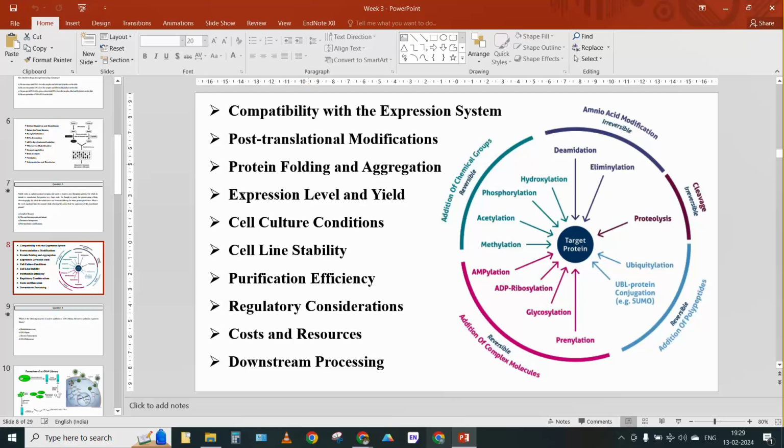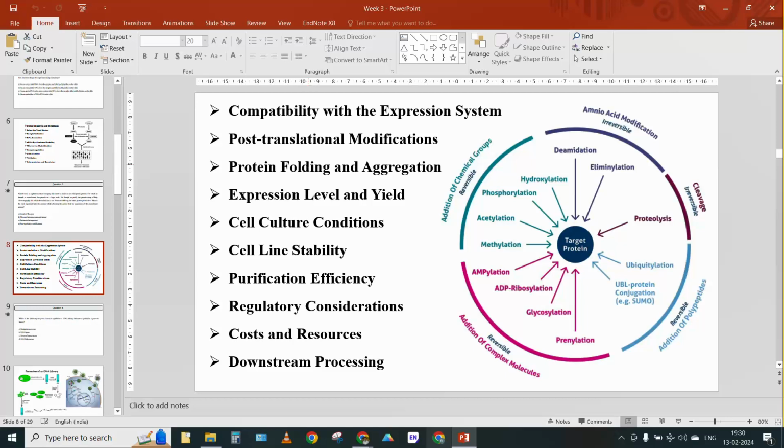After that, he will evaluate the expression levels and yield of the recombinant protein in the chosen host. While high expression is desirable for efficient production, certain hosts may be better suited for expressing specific types of protein. And the next step we'll go through is cell culture conditions.